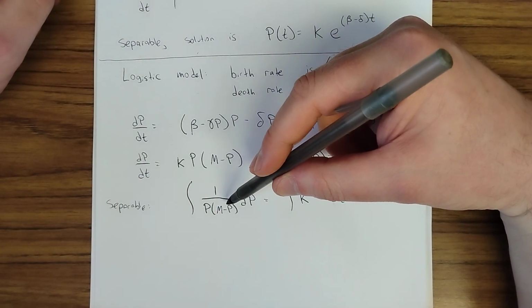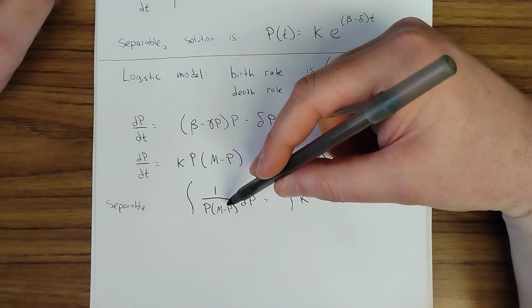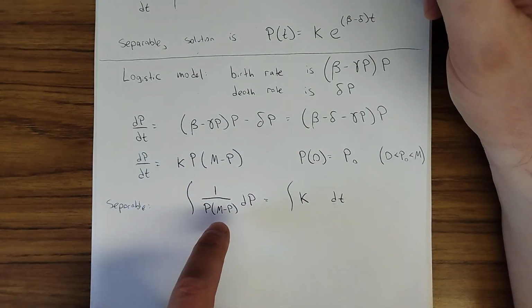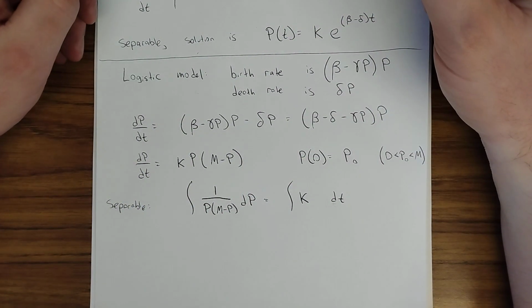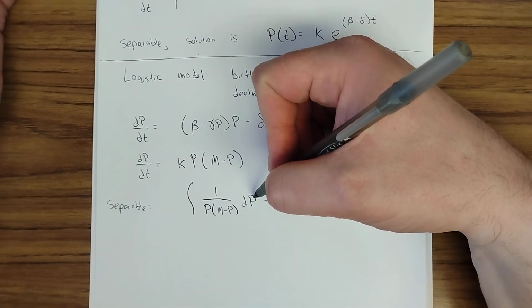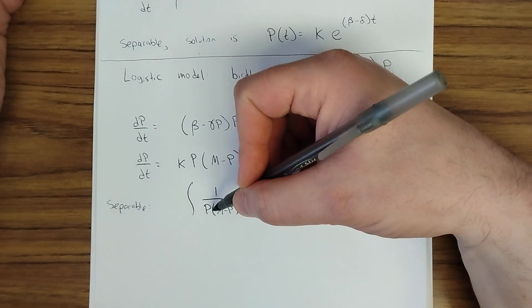This side is conceptually not difficult, but it's going to be just a little bit painful. This is partial fractions, right? Keep in mind, the variable here is p, so I can see the bottom is factored.